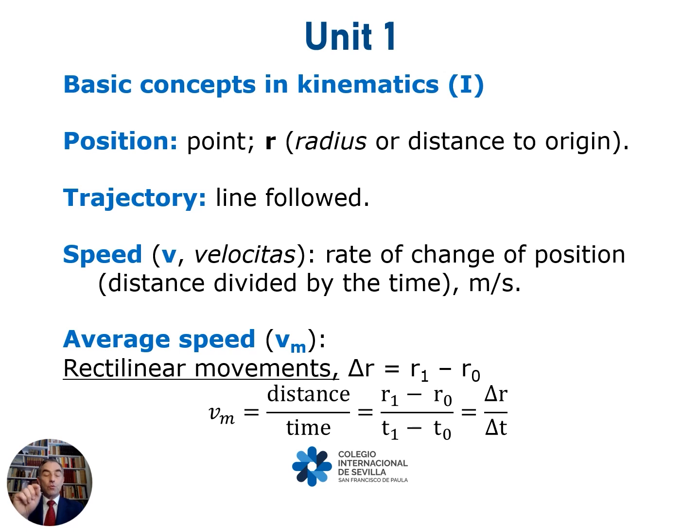Remember that the Greek capital delta means variation, final value minus initial value. So the average speed is the final position minus the initial position divided by the time we have when we reach the final position minus the time we had when we were at the initial position. Variation of position divided by variation of time.